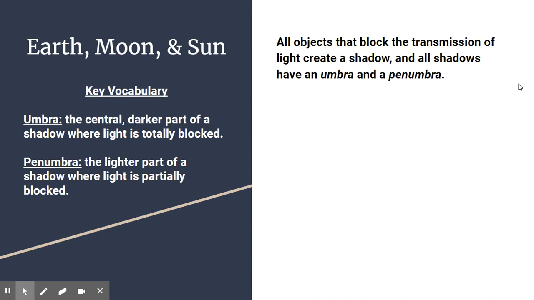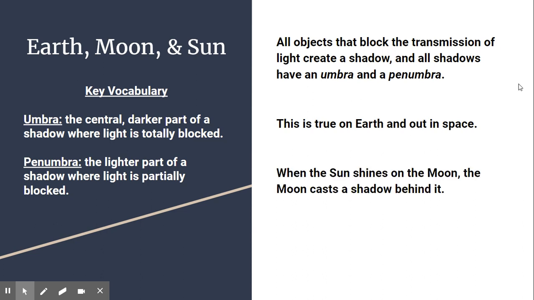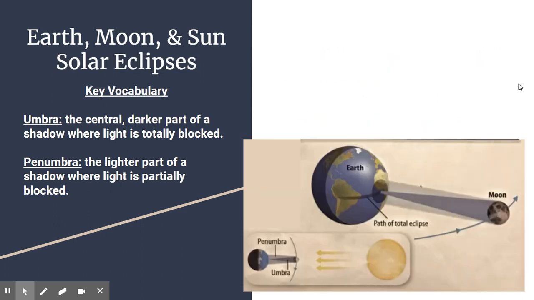All objects that have a shadow that block the transmission of light have an umbra and a penumbra. If you look close enough, you'll see those darker central areas and lighter outer areas. That's true both on Earth as well as out in space. When the sun shines on the moon, it casts a shadow behind it.